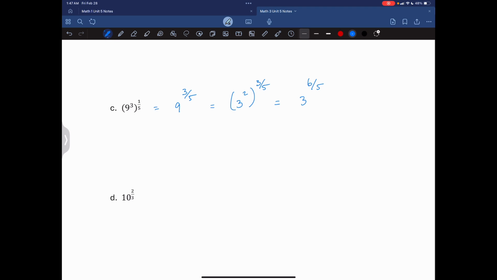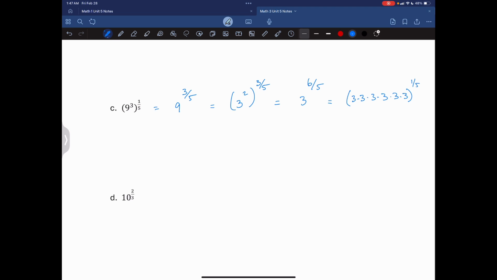All right, well, this is basically saying I have 3 times 3 times 3 times 3, I have 1, 2, 3, 4, 5, 6 3s under the 5th root, right?